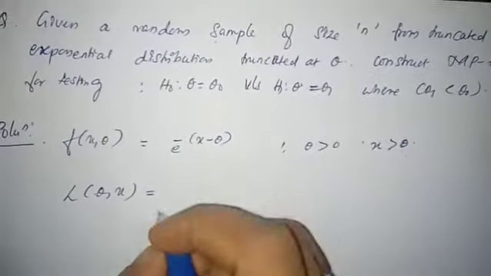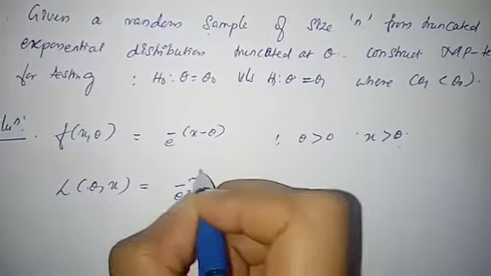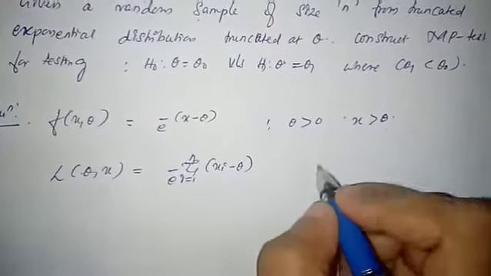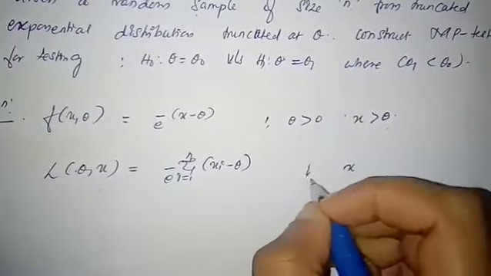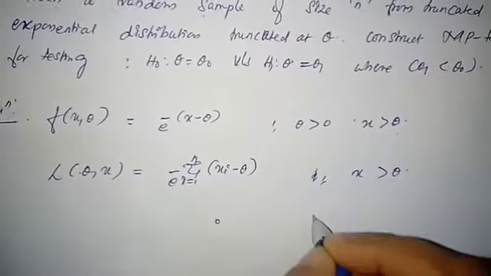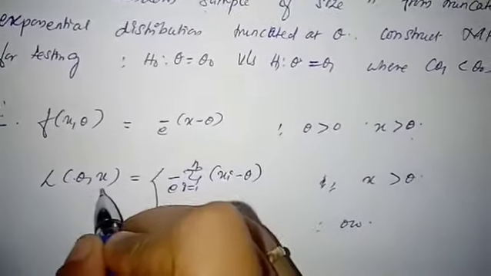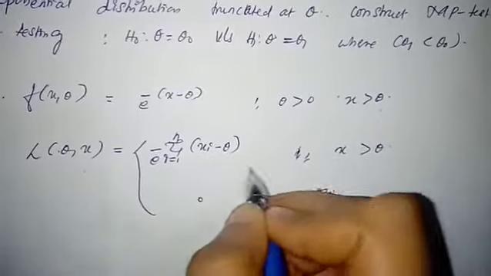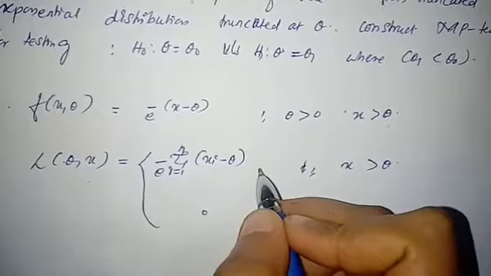That is e power minus summation i equals 1 to n of (xi minus theta), where x is greater than theta, and 0 otherwise. Here x takes the values x1, x2, up to xn, the first order statistic to the nth order statistic.